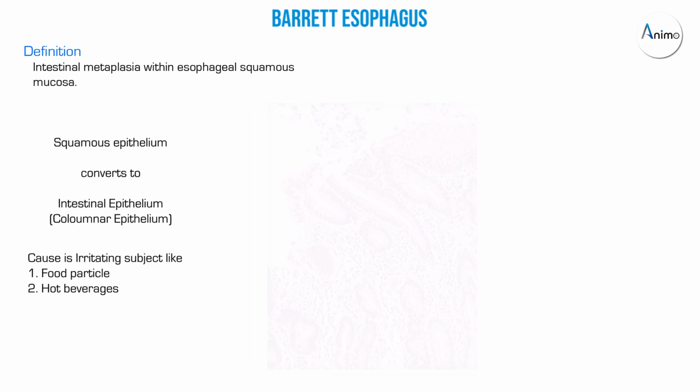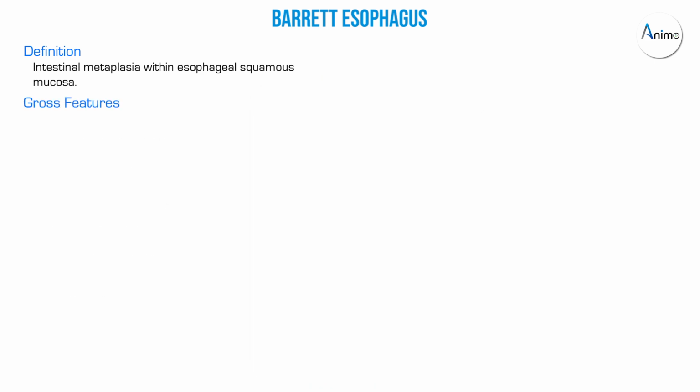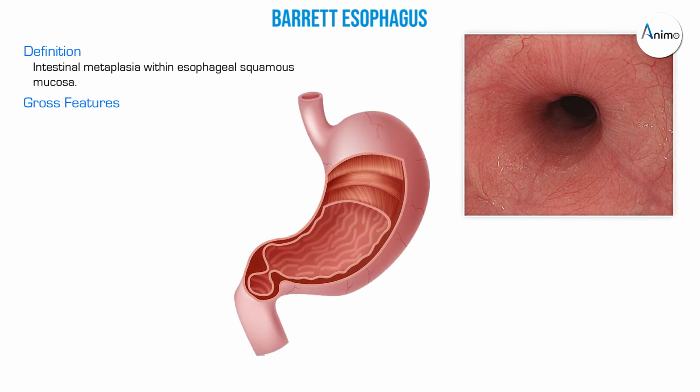Now let's see the gross features of Barrett esophagus. This is the normal endoscopic view of the opening of the stomach. You can see the junction between the stomach and esophagus, the cardiac junction, which is smooth and pale red in appearance.